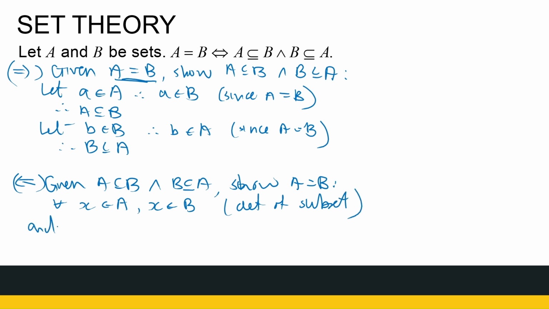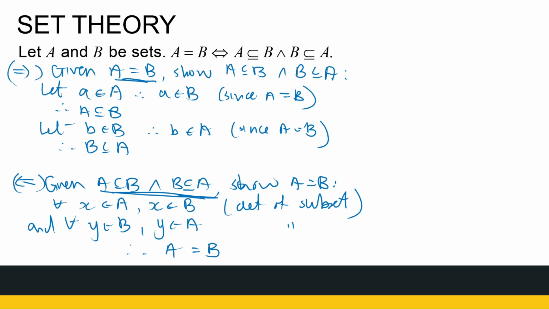And for every y in B, y is also in A. Same definition of subset. So that information is given. So every element in A is also in B, and every element in B is also in A. So my conclusion is that A is equal to B.